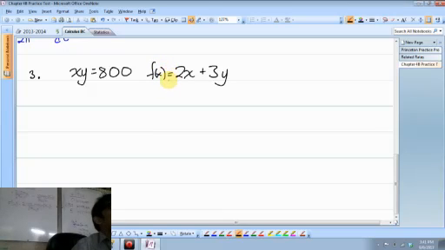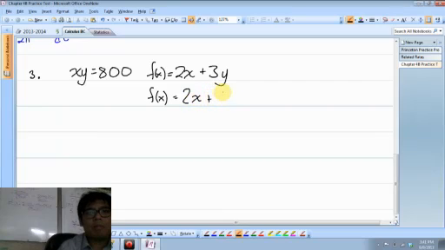So our job is to minimize f of x. We can turn f of x into an equation of one variable by substituting.